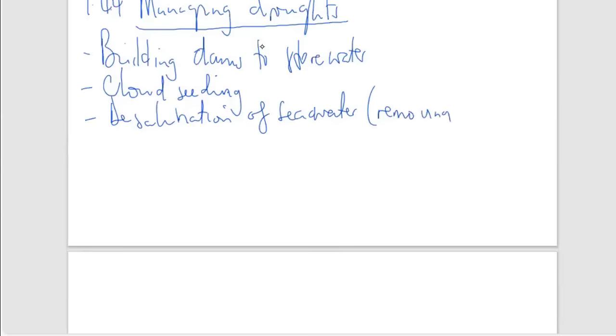Remember, seawater is salty. So we need to find ways of desalinating it so that it becomes potable, drinkable and usable. So we need to desalinate, remove the salts which make the seawater unsuitable for use. Right, then we can also look at recycling water.